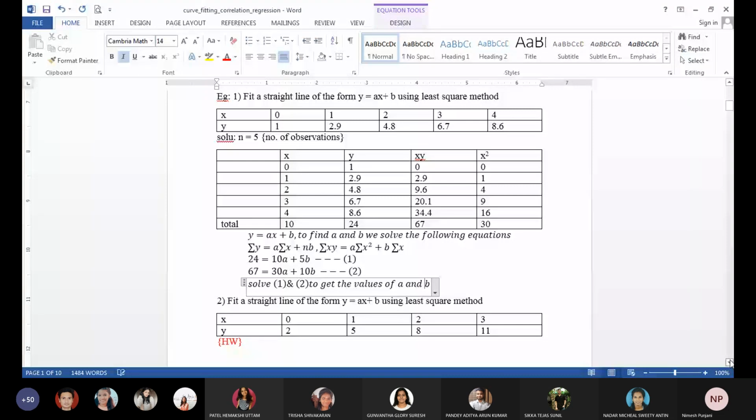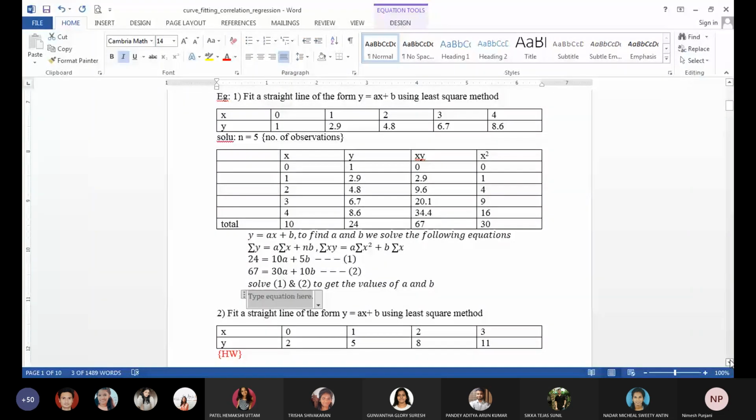Okay, solve 1 and 2 to get the values of a and b. Now quickly tell me, how will you solve the two equations? Or you solve them and get the values of a and b, that would be better.